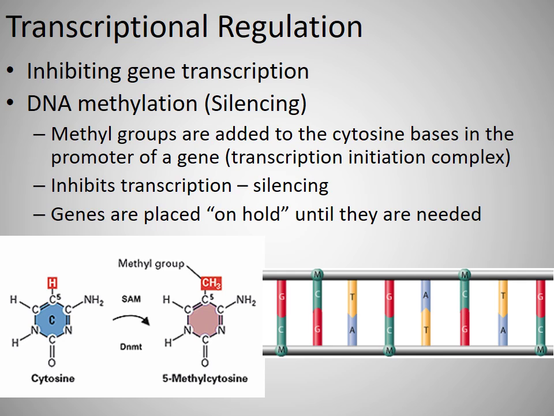The genes will be placed on hold until they're needed again, and then DNA acetylation or transcription factors, a lot of things come into play here to activate an actual gene for transcription. Here again we just see silencing, DNA methylation, methyl groups added to the cytosine nucleotides.